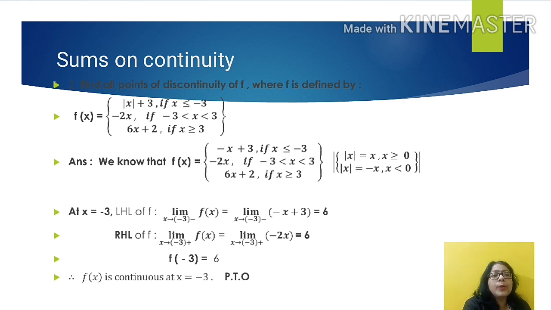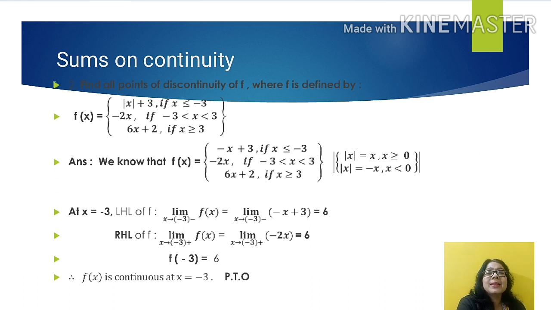First, the function, we know, I have given here also, that is the modulus function. What is the property of the modulus function? Modulus x is equal to x if x is more than or equal to 0, and modulus x is equal to minus x if x is less than 0.